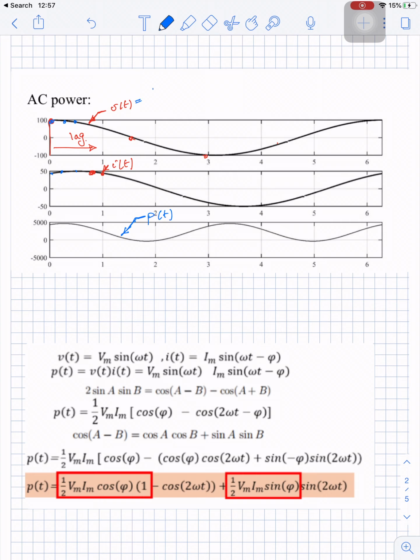So here V of t equals V max cos omega t, and I of t equals I max cos omega t, but shifted with a certain amount of delay phi. Now if we multiply these two, this will give us the power P of t.